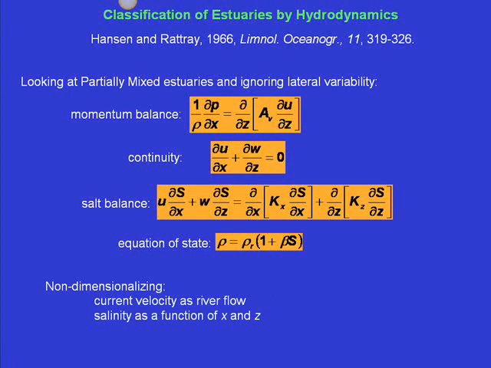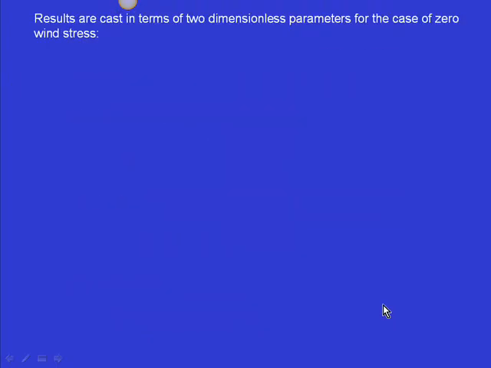what Hansen and Rattray do with this equation is they non-dimensionalize the variables. We're not going to go through all the procedure, but they non-dimensionalize the current velocity as a function of the river flow, and the salinity as a function of along-estuary and vertical distance.